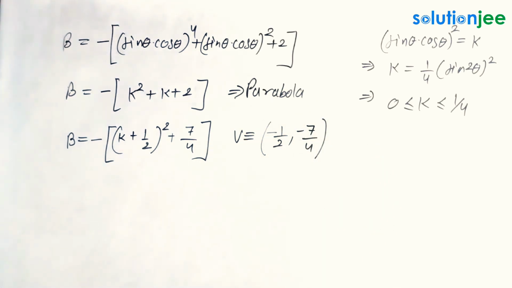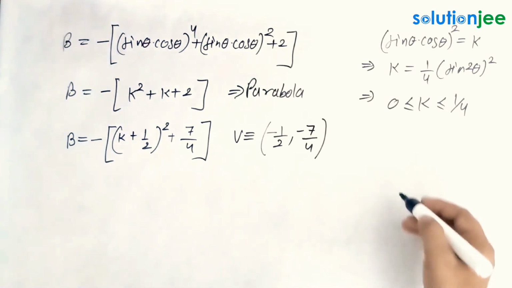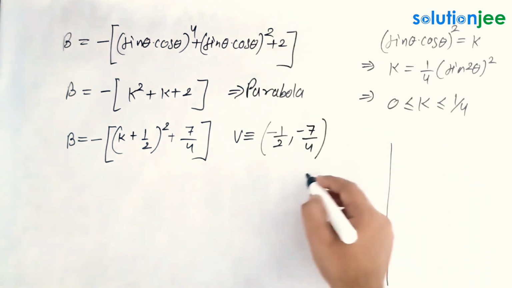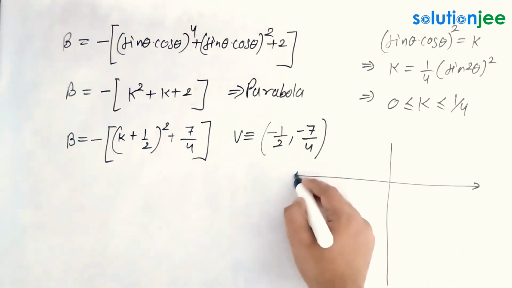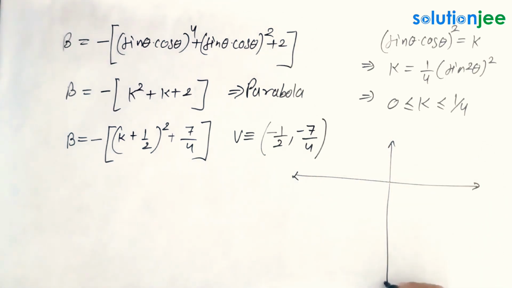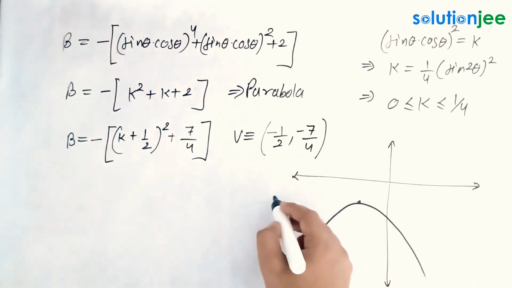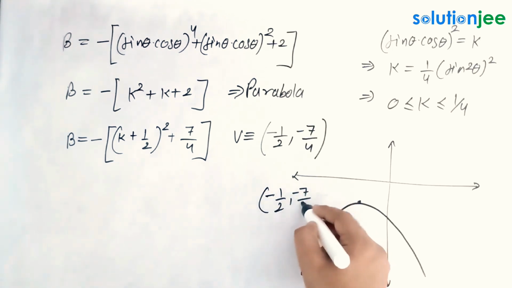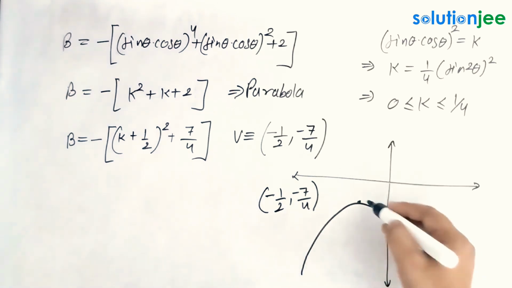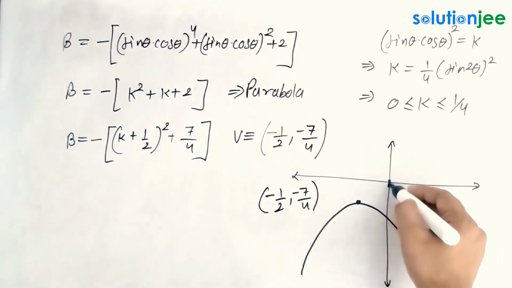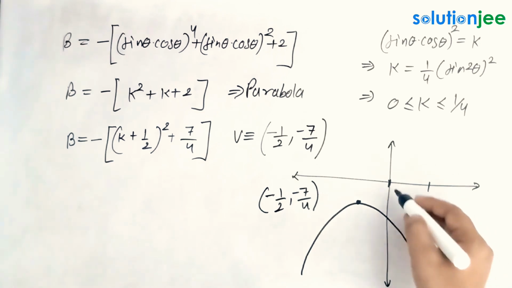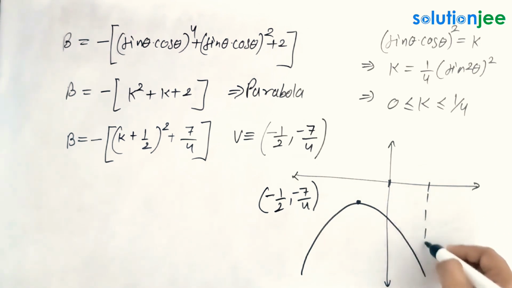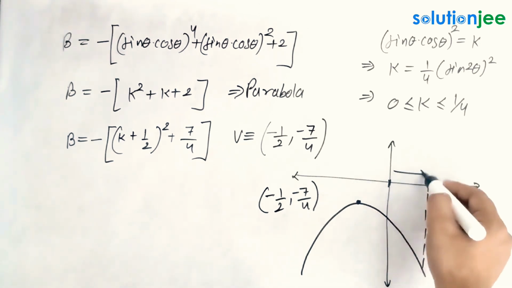Okay, now I am going to draw the graph. So here we have the graph of this parabola, which will be a downward parabola, where the vertex of this parabola will be minus half, minus 7 by 4, and we have to find the minimum value of beta for the interval 0 to 1 by 4.